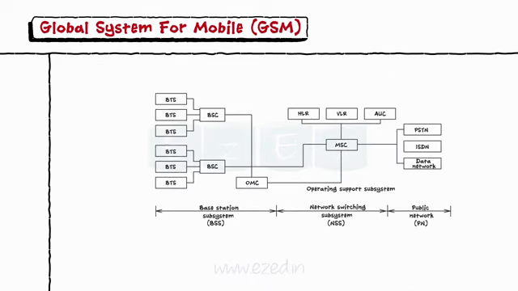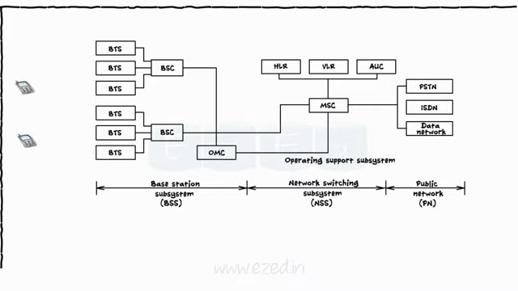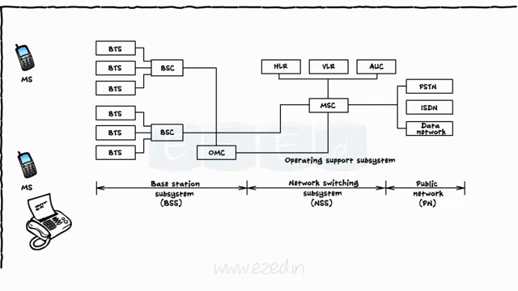The architecture of this GSM network is as shown. Mobile station, MS. MS is nothing but the device used for communication such as a cell phone, fax machine, etc. Base station subsystem, BSS. BSS gets connected to MS via radio interface.